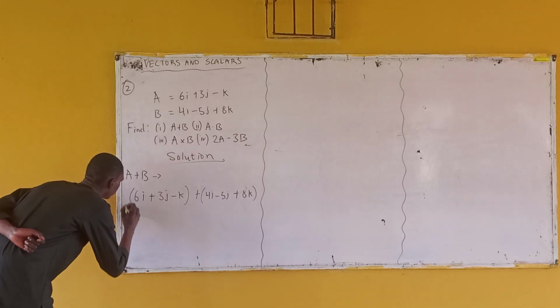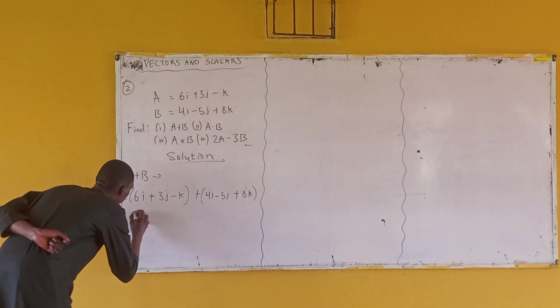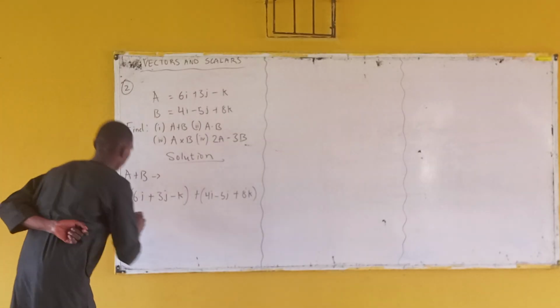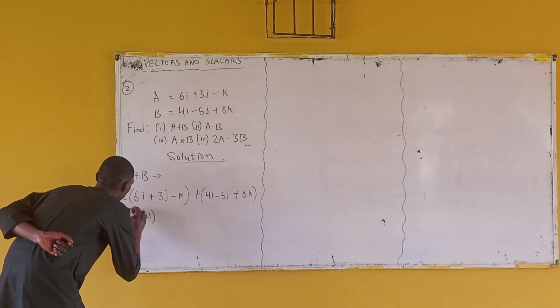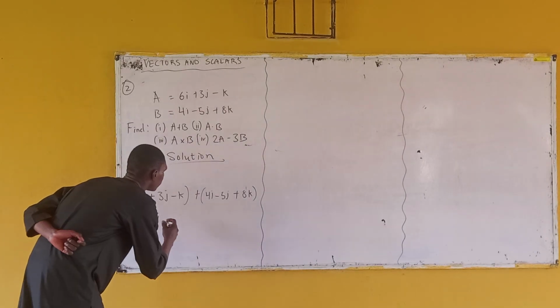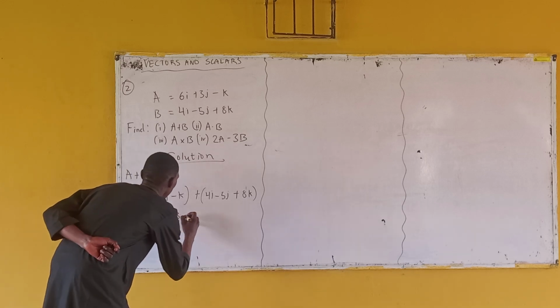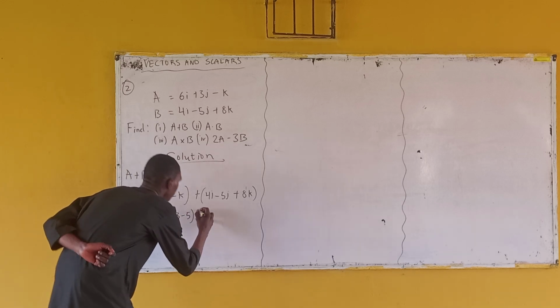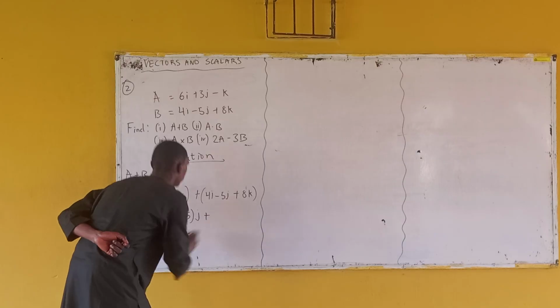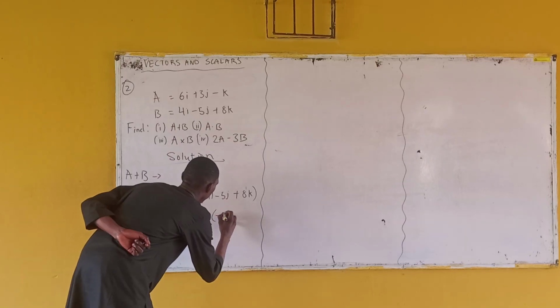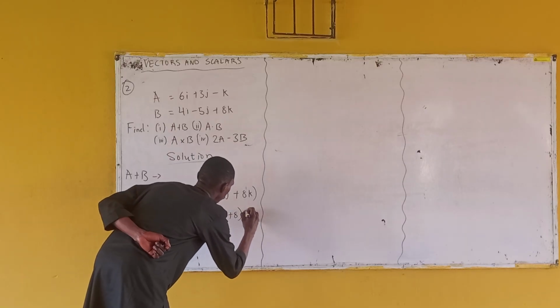So what do you have? 6 plus 4i, then plus 3 minus 5j, plus minus 1 plus 8k.